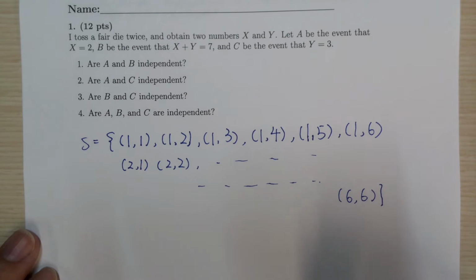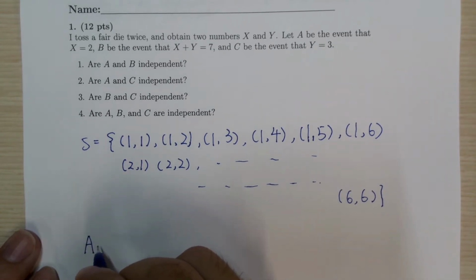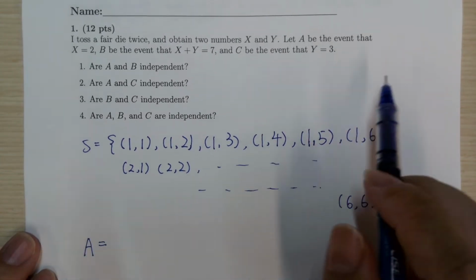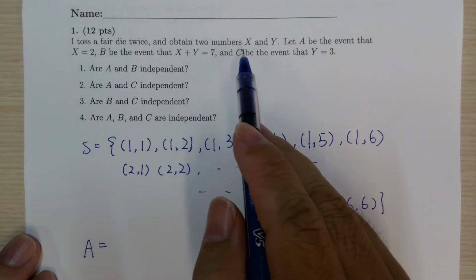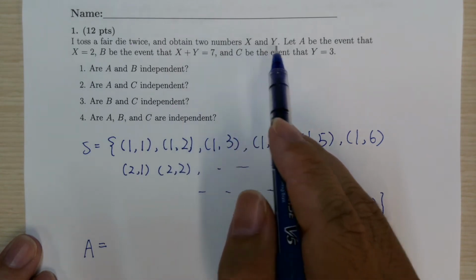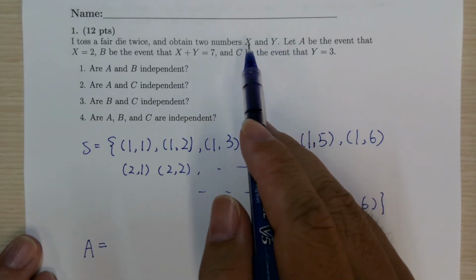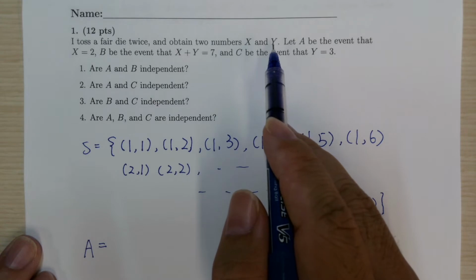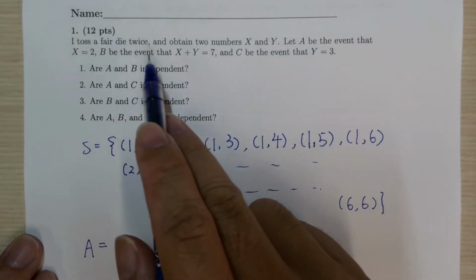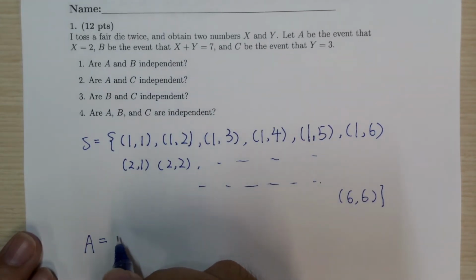Going back to the event A, since x is a number, we can view x as the first number I got, and y as the second number. So when x equals 2, what do we get?